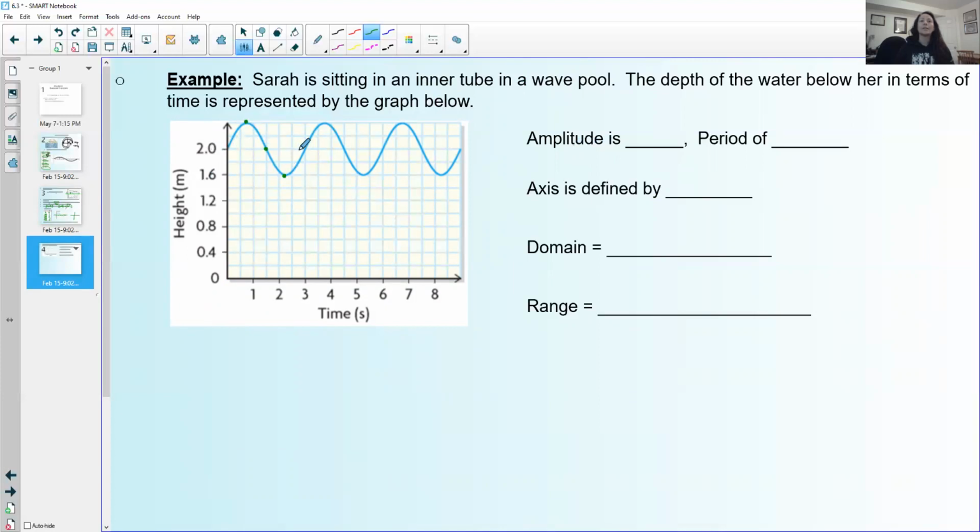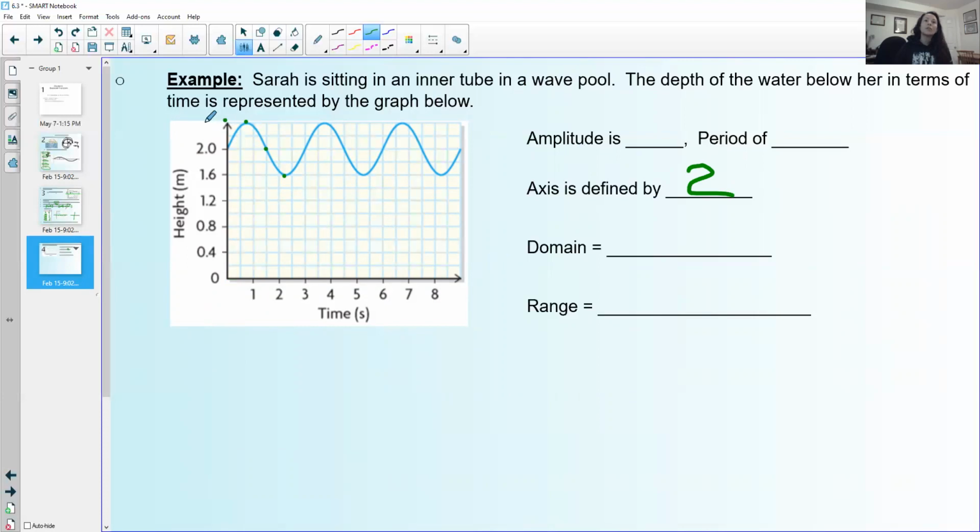So just by looking at it, I can see that the amplitude, oh, sorry, I'm going the equation of the axis. Let's talk equation of the axis first. The equation of the axis is the high point plus the low point divided by 2. That'll give us the line right in the middle. By looking at the graph, you can see that it's at 2. If you wanted to confirm using algebra, you'll notice that every 2 squares is 0.4. So I'm going up by 0.2.